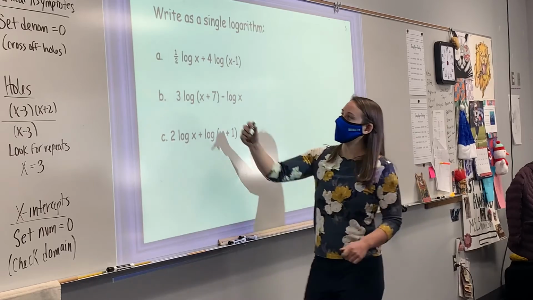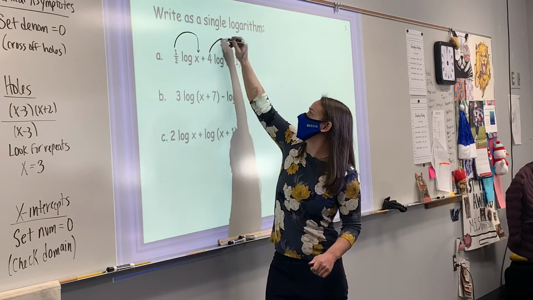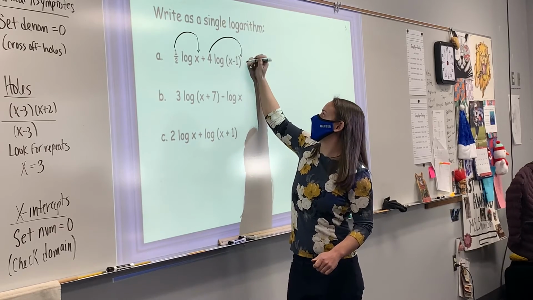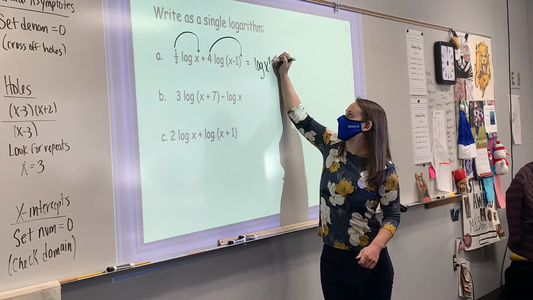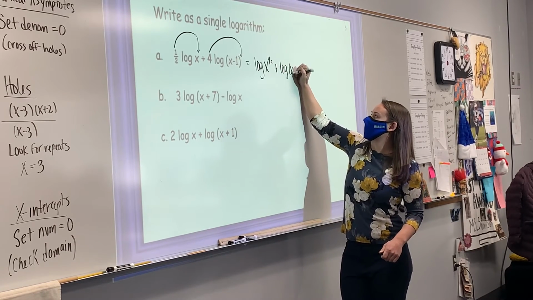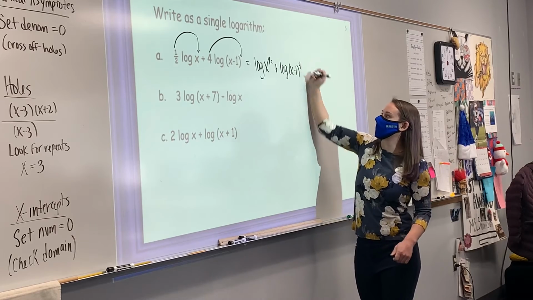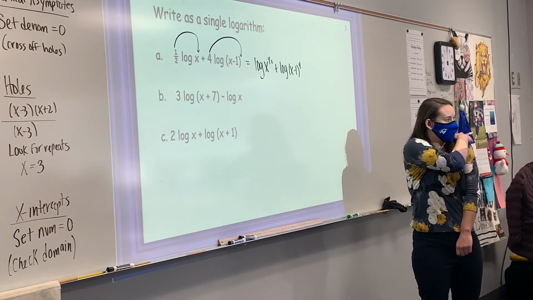So here, I have a 1/2 x, I'm going to bring that up. So this is going to be the same thing as log of x to the 1/2 plus log of x minus 1 to the 4th. Is that okay, what I just did? I just brought the exponent up.